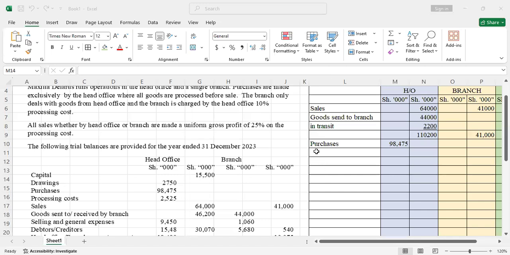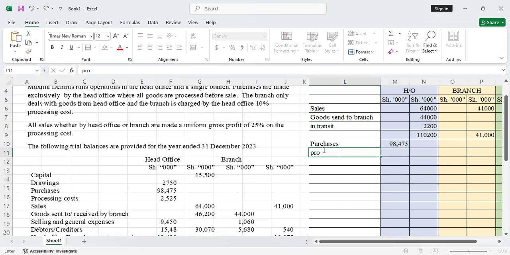Those are purchases. And then in addition to purchases, there are processing costs. This you will not find in the branch, processing cost of 25.25. So we can report here, when you underline, that there is the total cost here.